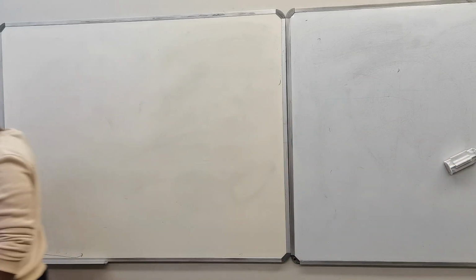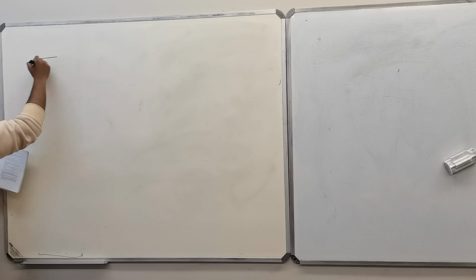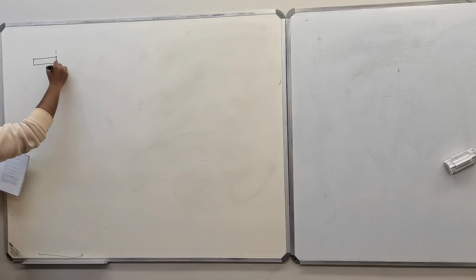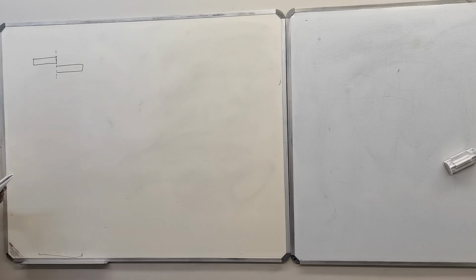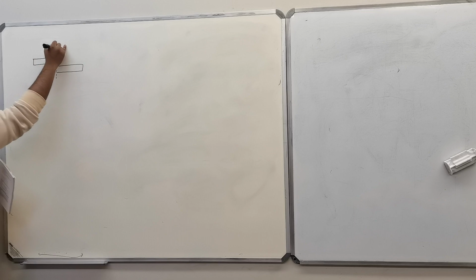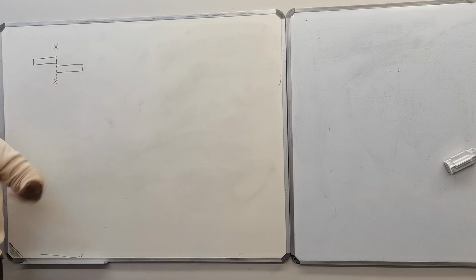Okay, so in terms of your sign convention, if your beam looks something like this, and then it was fractured, so obviously the other piece would be somewhere here. If the weight is being applied, this is where your shearing force would occur. This would be left of your shearing force, this would be right of your shearing force.